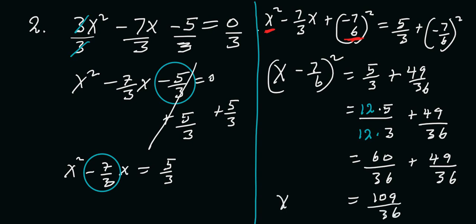So x minus 7 over 6 squared is equal to 109 over 36. So at this point, we're going to take the square root of both sides. All right, in order to eliminate this square from here, we take the square root of both sides.